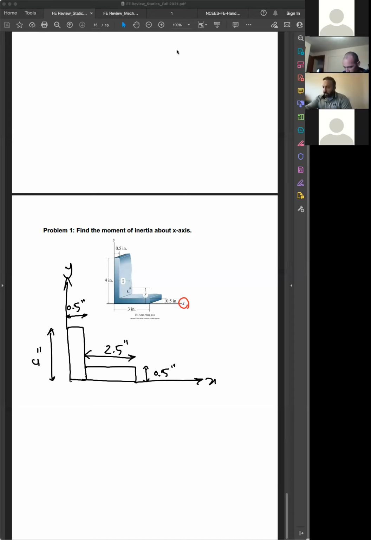All right. So if you want to find the moment of inertia about the x-axis, how can you deal with this problem? Now you have two figures. Again, for each of them, you need to determine their local centroid. Your total moment of inertia about the x-axis would be the summation of their local moments of inertia plus A dy squared.